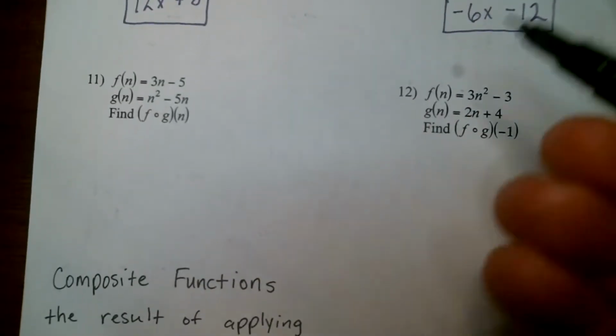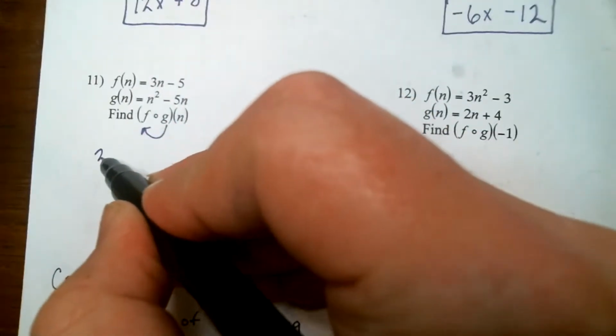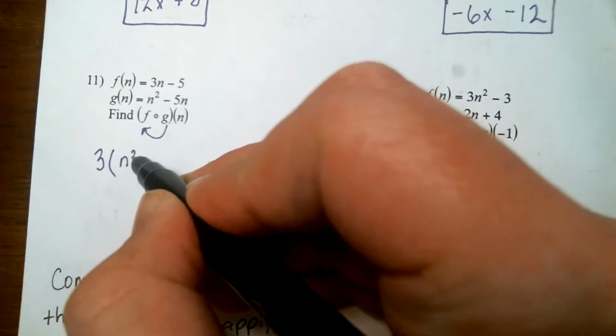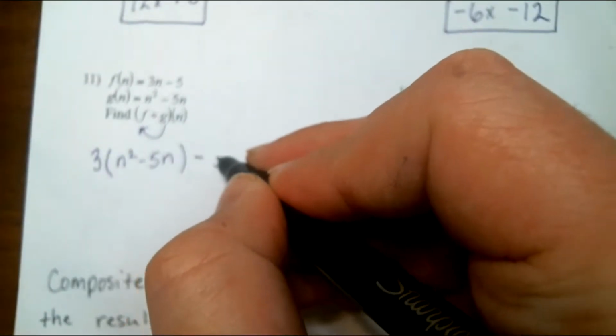11, G, F of G. So put G into F. So that's 3 times n squared minus 5n, and then minus 5.